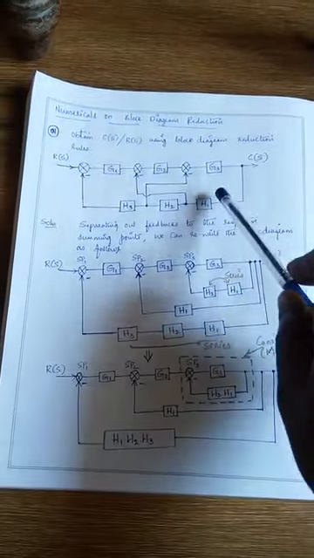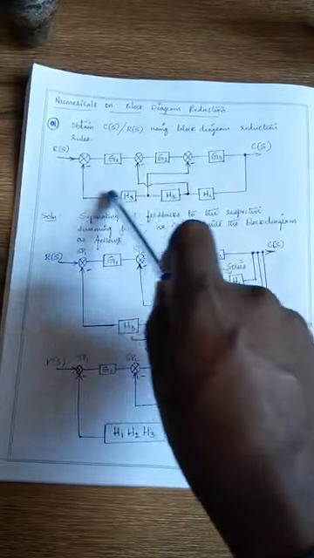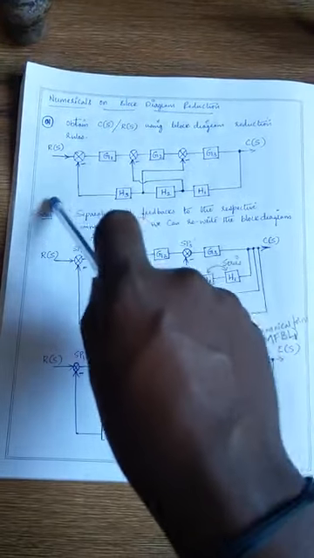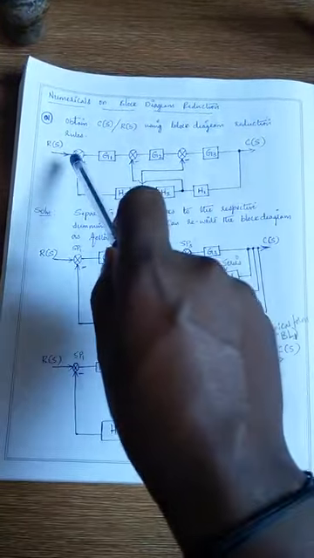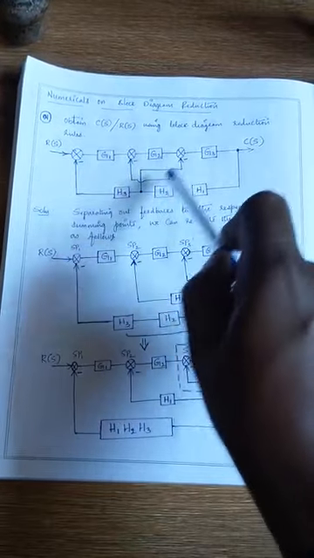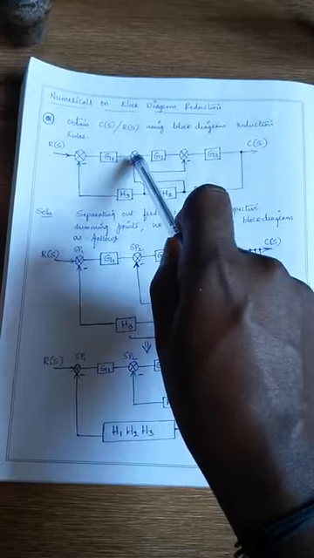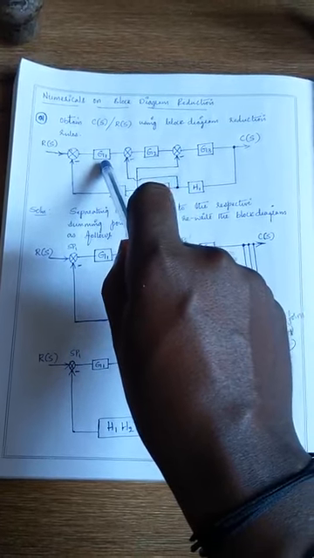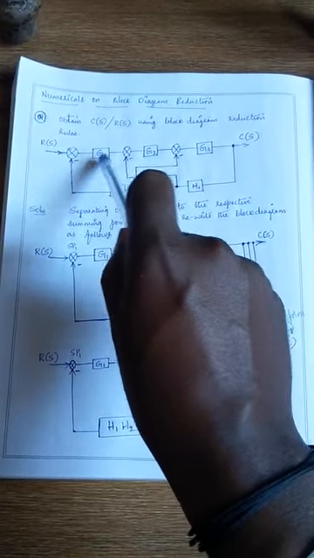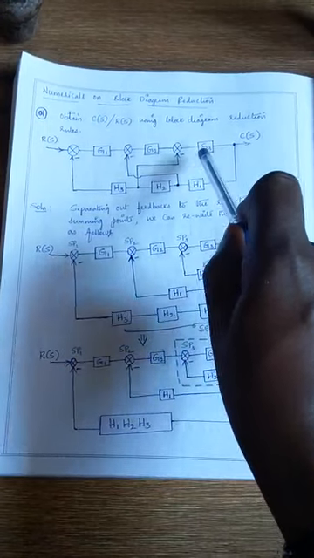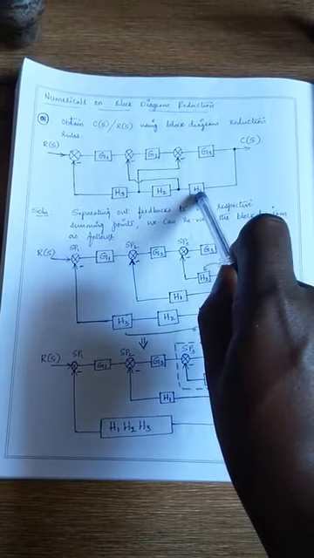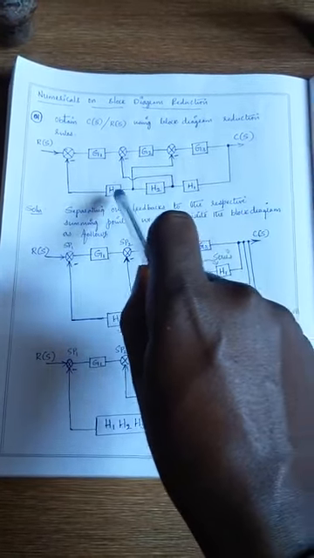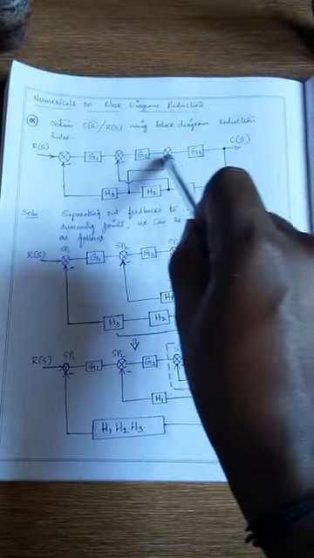Now here they have given this block diagram. In this block diagram you have three summing points with the forward transfer functions G1, G2 and G3 with feedback path transfer functions H1, H2 and H3. So this is the given block diagram.